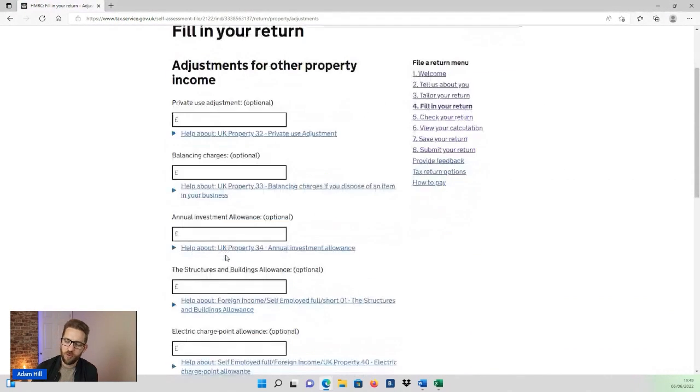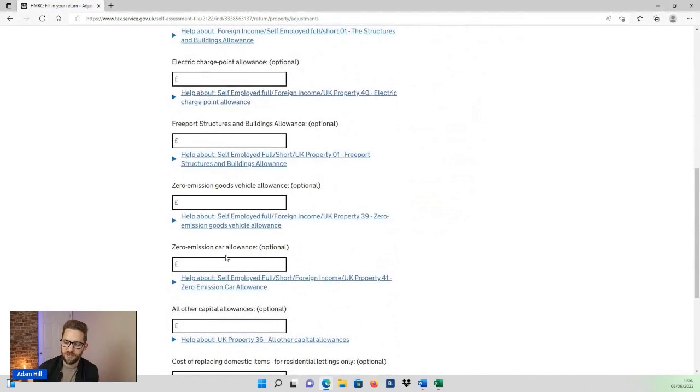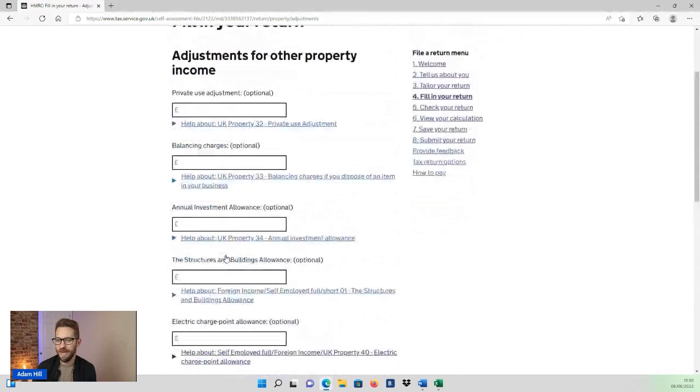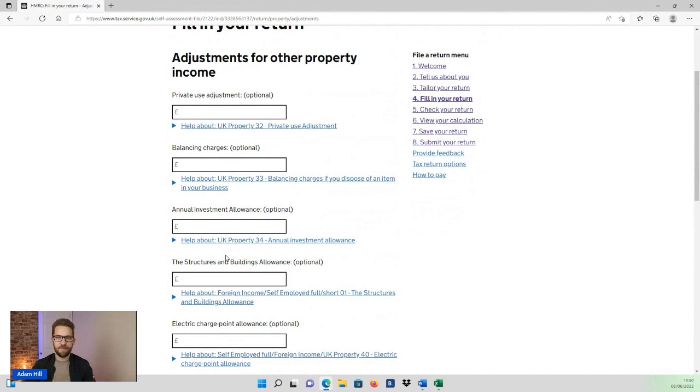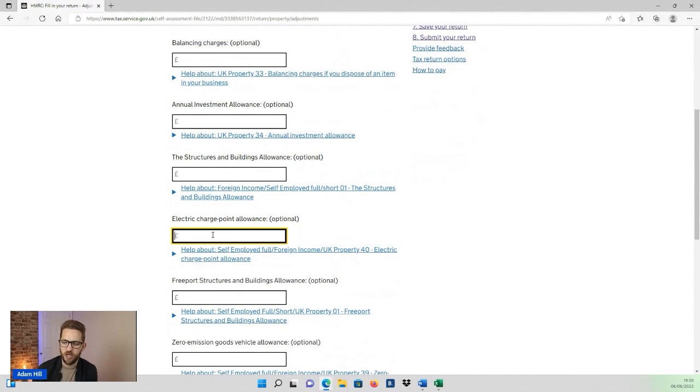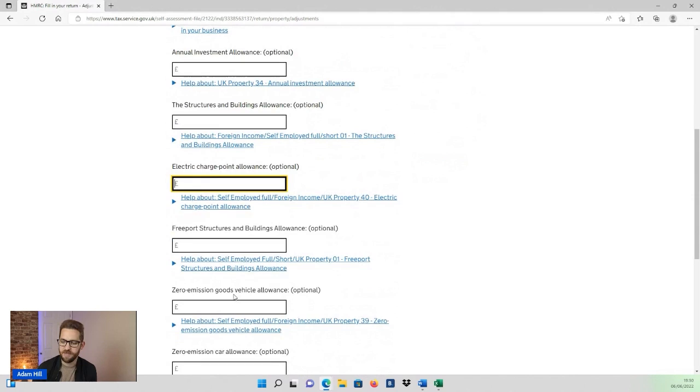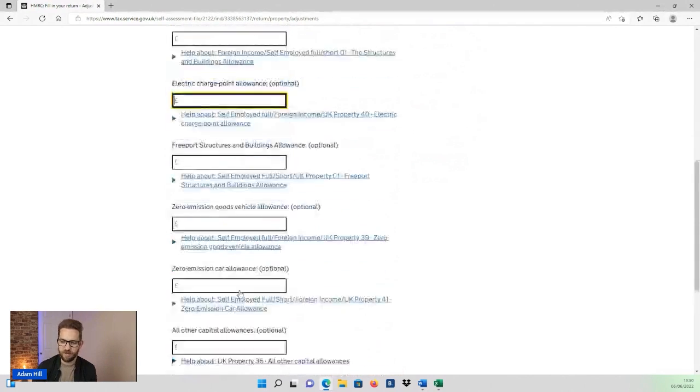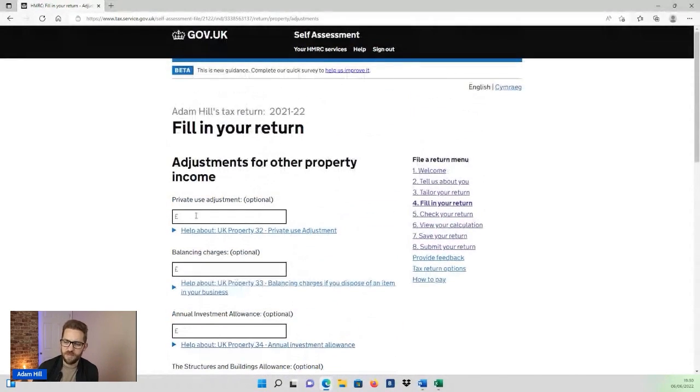We then have a great long list of adjustments which typically relate to capital allowances. So we're talking about capital expenditure, maybe if you've had to do major works to a property, things like installing charge points, you get certain allowances for these types of things. We don't have examples of this here. You'll also notice at the top, you have to adjust for private use.